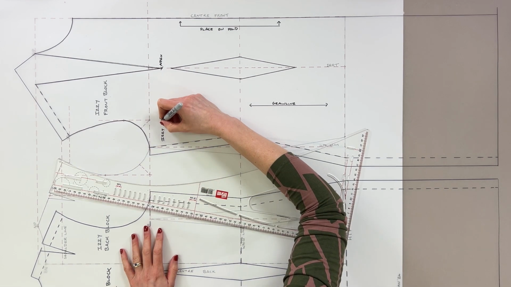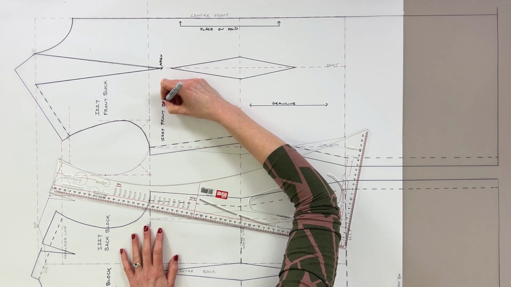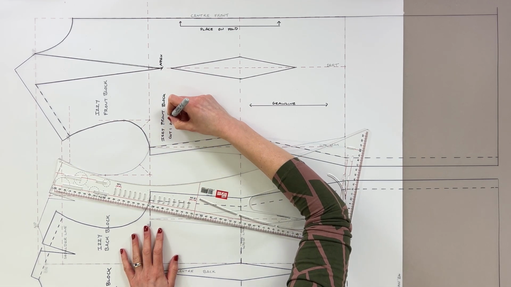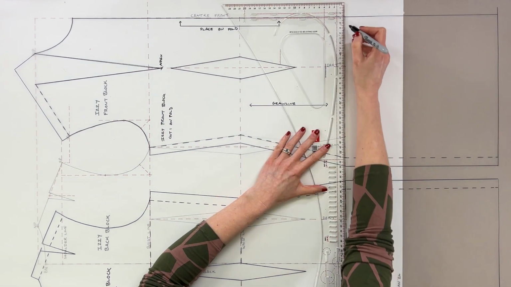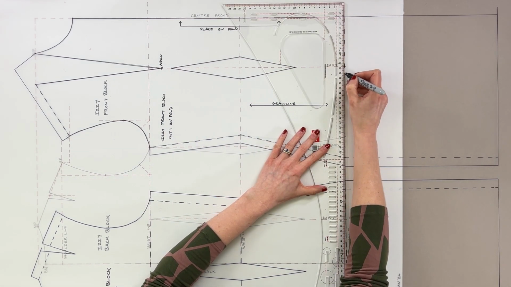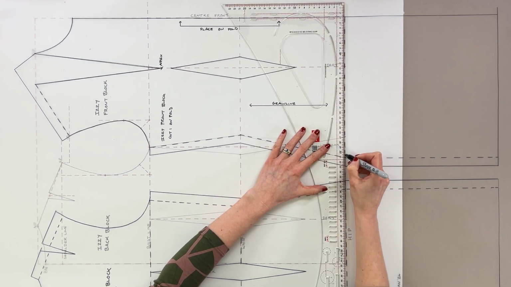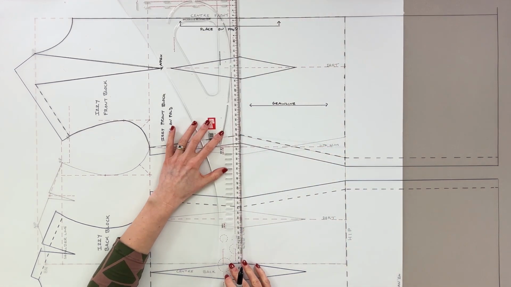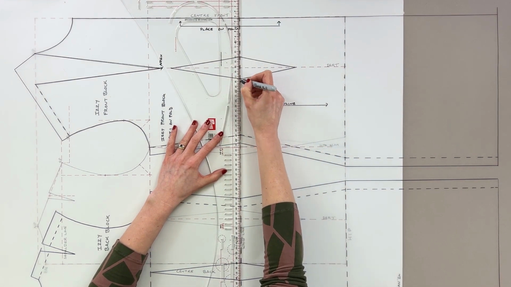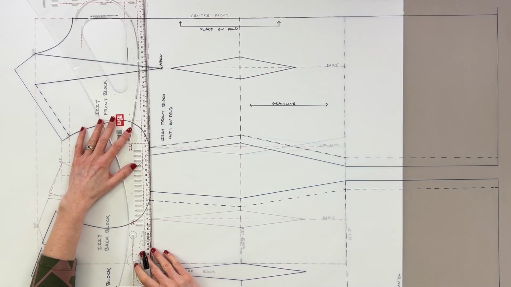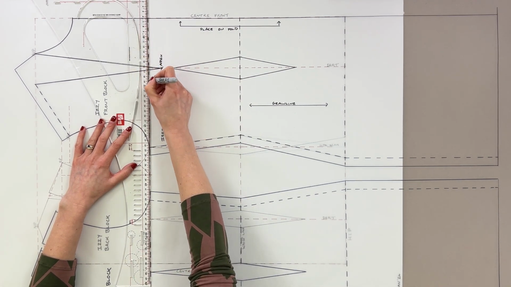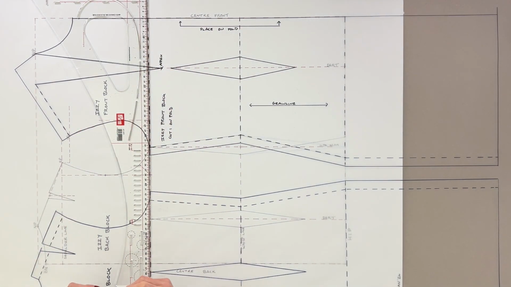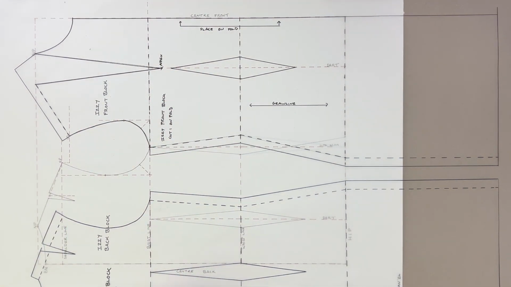Give our pattern piece a name next. Izzy front block, cut 1 on fold. And then finally, we're just going to draw in the hip line, the waist line, and what we've called the bust line, but is basically sitting right at the base of the arm side. Excellent. Now that we've added all of our seam allowances, we're just going to cut that out.